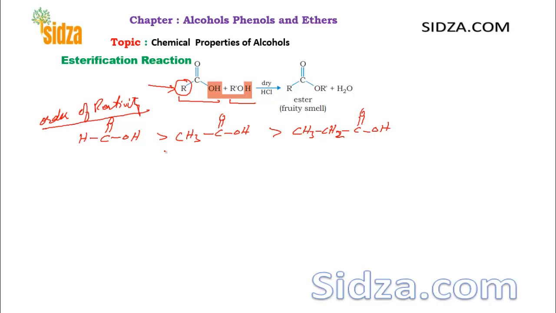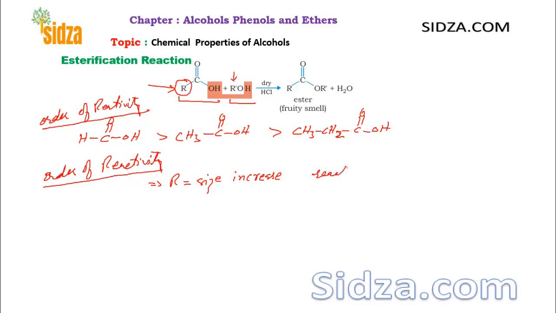And similarly, what will be the order of the reactivity of the different alcohols? Again the pattern is the same, right? With the increase in the size of the alkyl group in alcohols, the reactivity of the alcohol decreases.